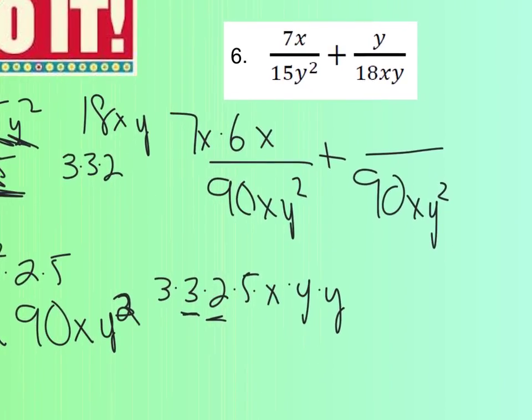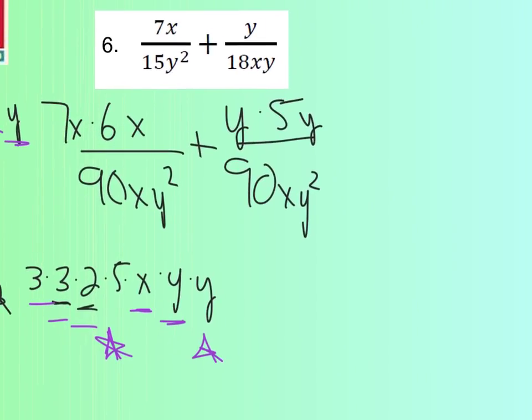Then on the other side, I've got an x, okay, I've got 1 y, I've got 3, 3, 2. So I need 5 and a y. So I already have the y from previously in the problem. So I need to multiply by 5y.